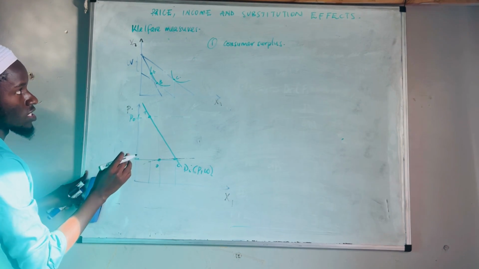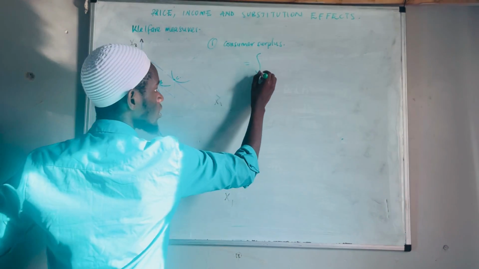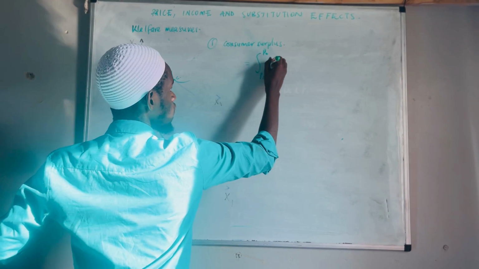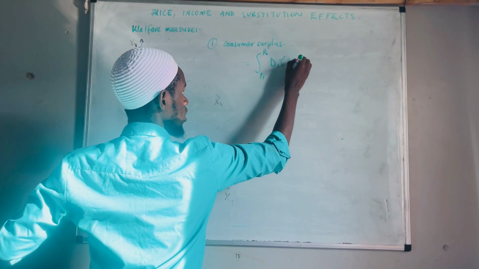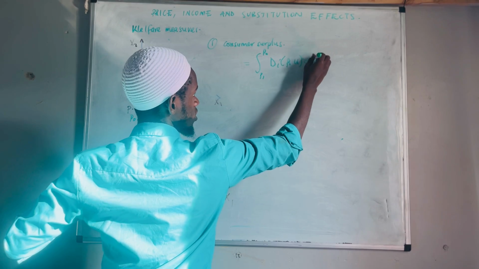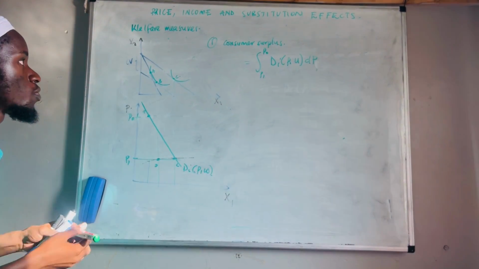That's the same as integrating from P1 to P0 of our Marshall demand curve, Di, a function of P and W, times dP, because we integrate with respect to price.